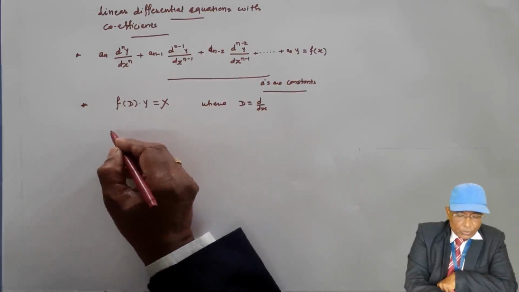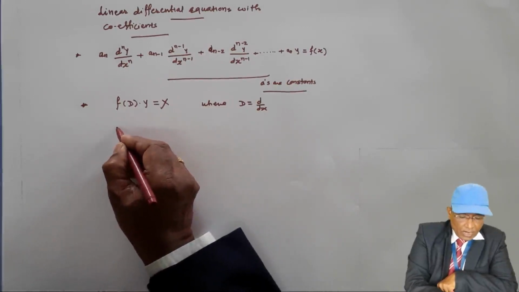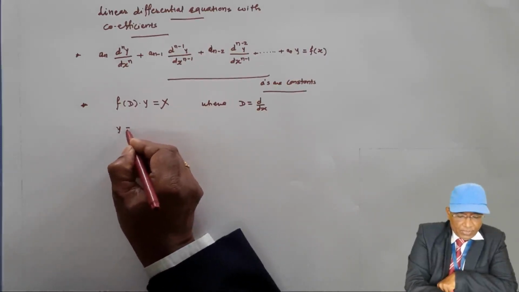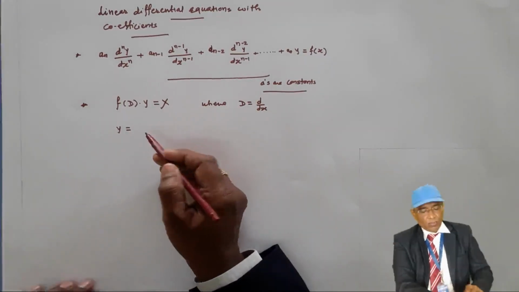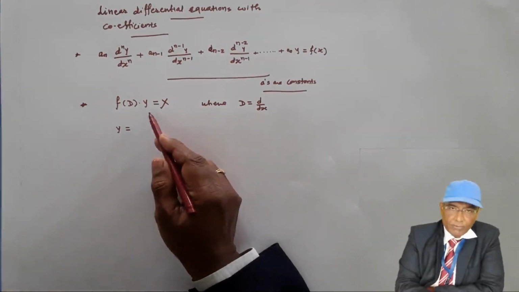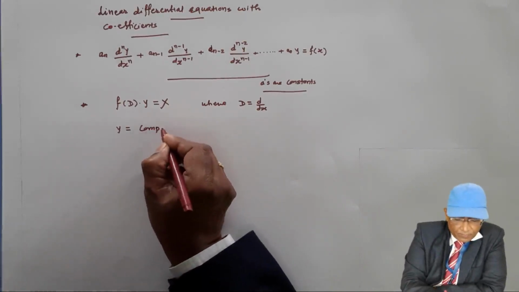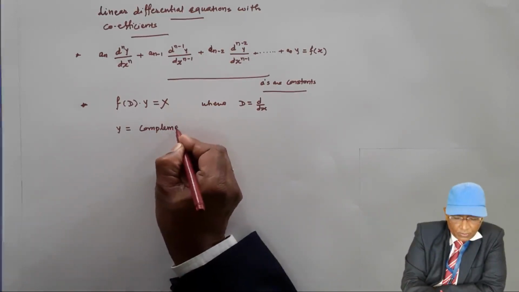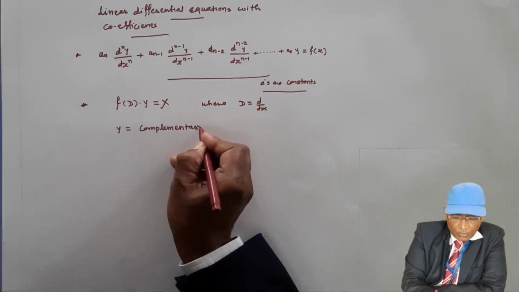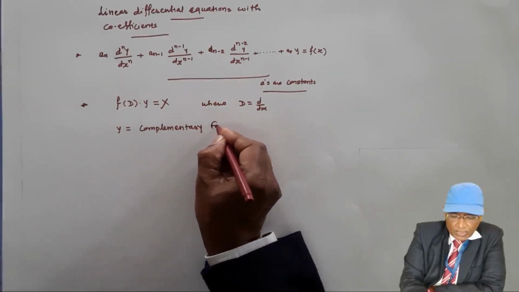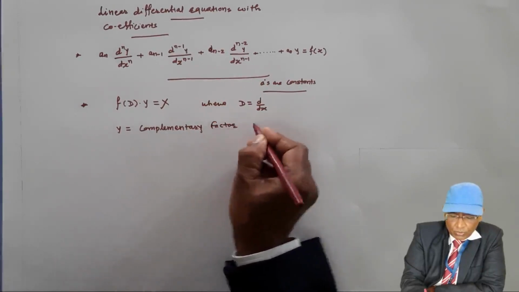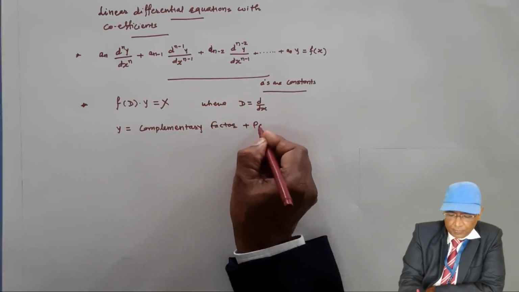So how do we find the solution of the differential equation? When you find the solution, obviously you will get the value of y. The solution is the complementary factor, or you may call it the complementary function, plus the particular integral.